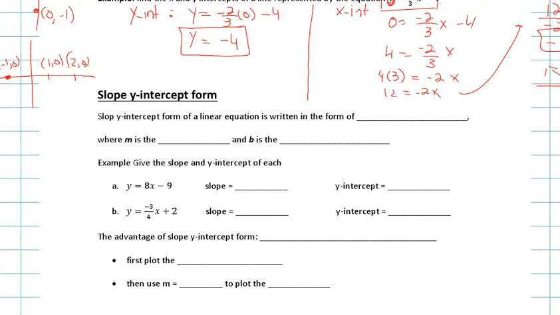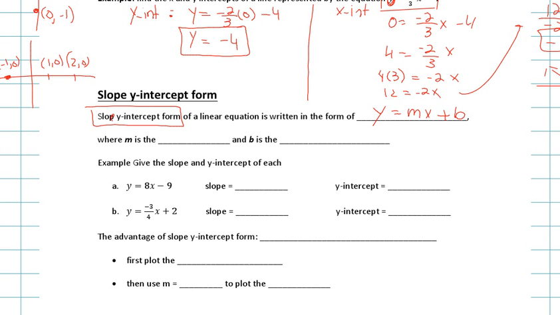When I say slope y-intercept form, I want you to think about the equation that looks like this: y equals mx plus b. This is called slope y-intercept form. Not slope, there's an e after the b. So slope y-intercept form is the form of y equals mx plus b.